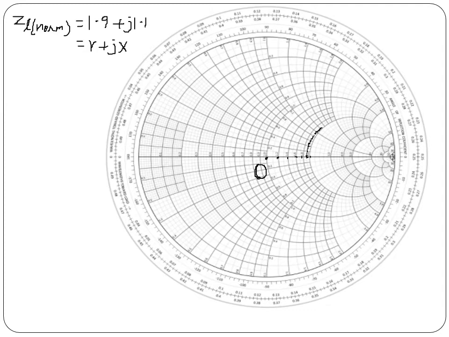And now I have to mark the j1.1. On the reactance circle, this is 1.0 and it's 1.2, therefore this is 1.1. So the 1.1 reactance circle should coincide with the 1.9 R circle. This is the coincident point.